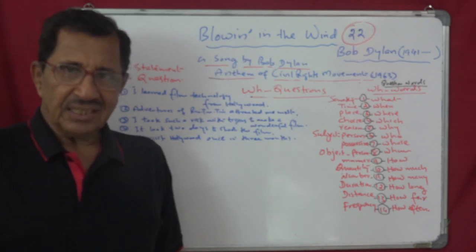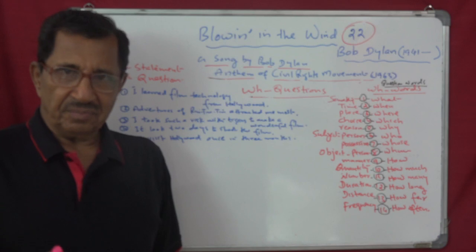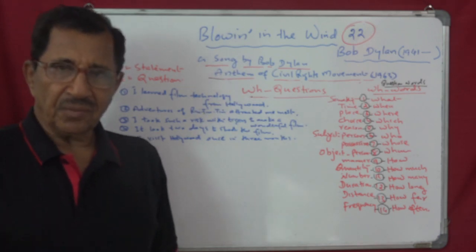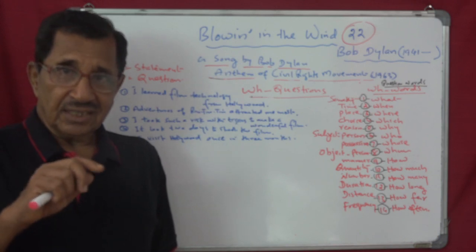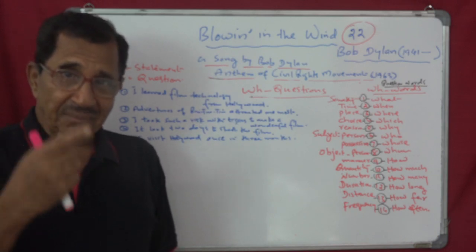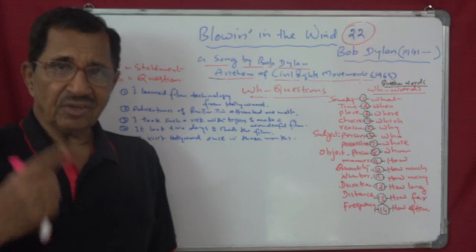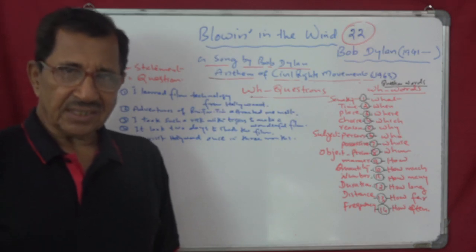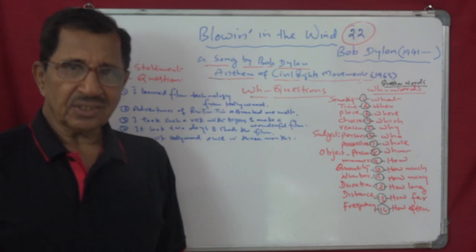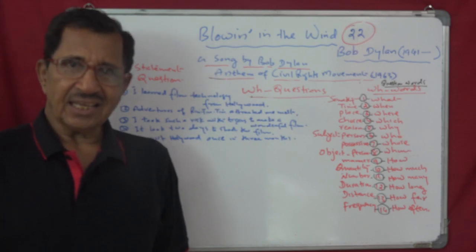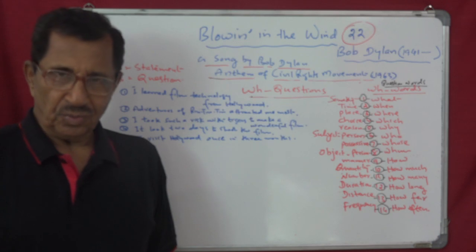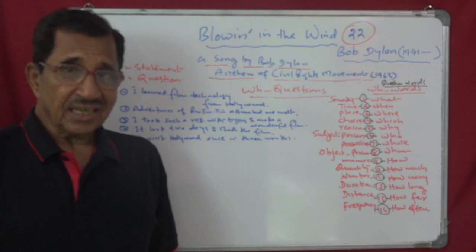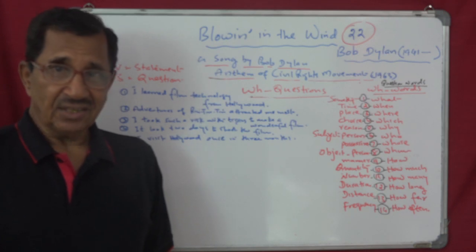If it is a single word verb, he saw the mountain, you have to make it double. For that you have to take the help of do, does, did. Past tense, did. Third person singular, does. And for others, do. For example, he sees, he does see, not sees.